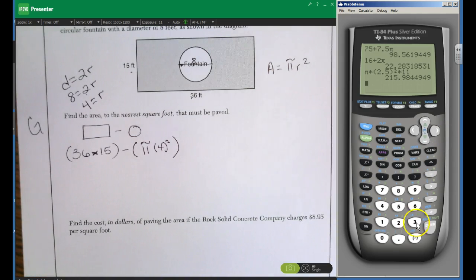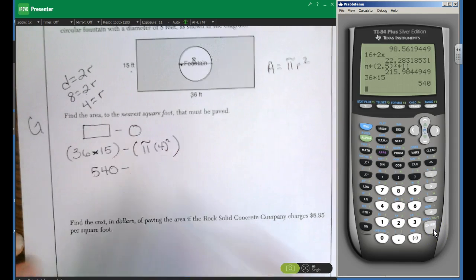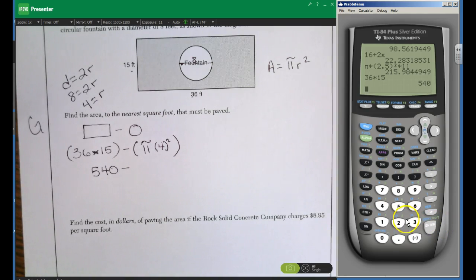36 times 15 on my calculator is 540. Minus, well, 4 squared is, let's figure it out. There's our 4 squared. We're going to multiply that by pi.